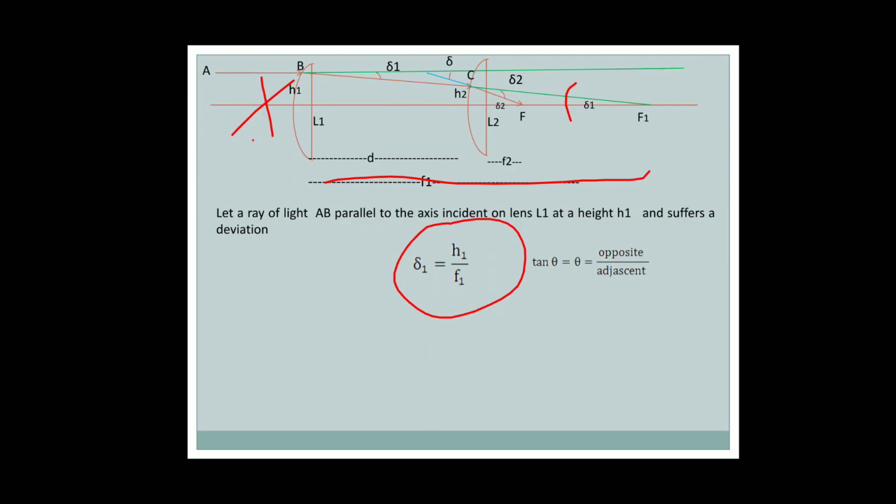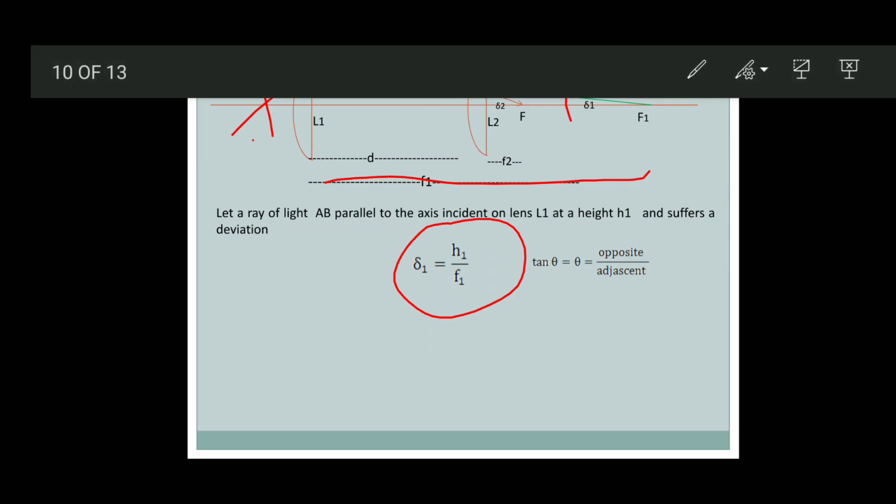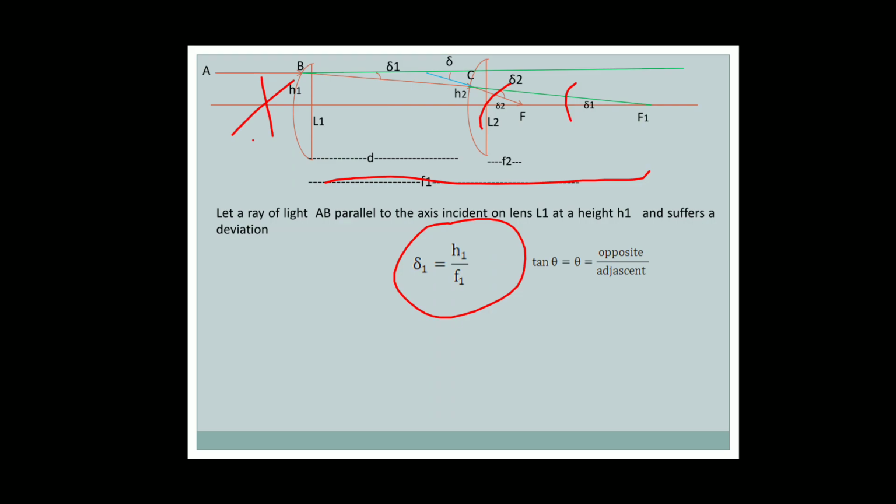We know delta 2 is the deviation angle at the second lens. According to that, delta 2 is equal to h2 by f2.